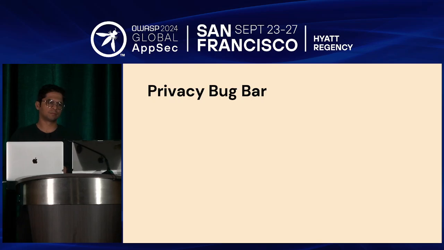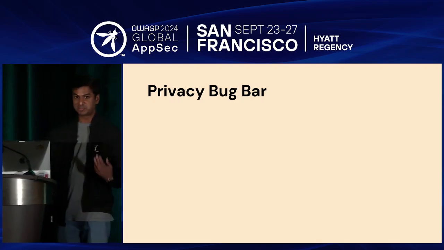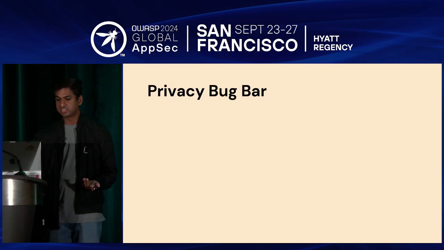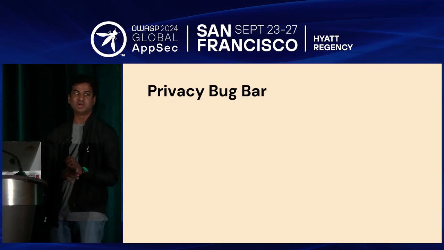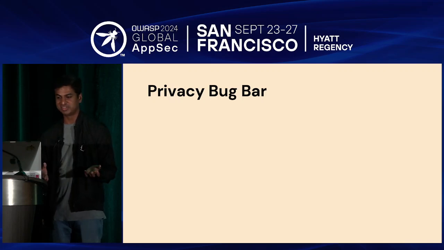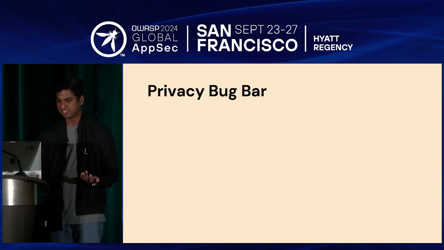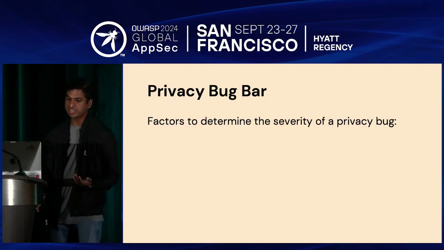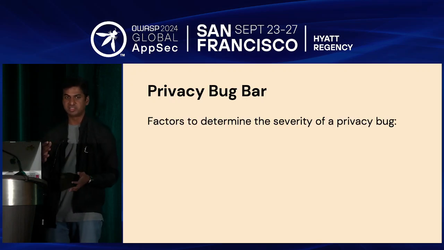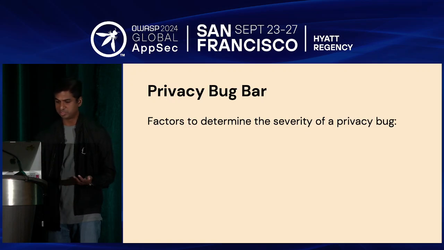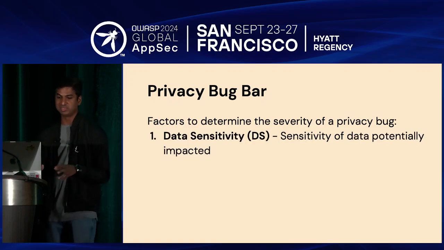A few things that helped us during this incident was having a definition for a privacy bug bar. I'm sure all of you have a security bug bar, but you should also consider having a privacy bug bar for handling these cases. Some factors that determine the severity of a bug for a privacy bug bar that we found useful are listed here.